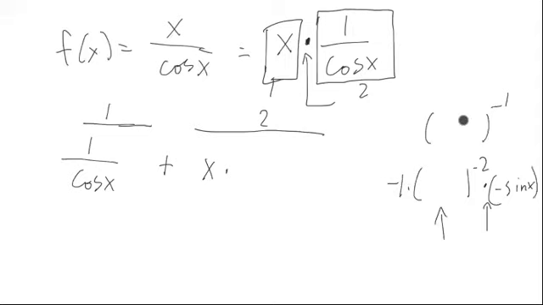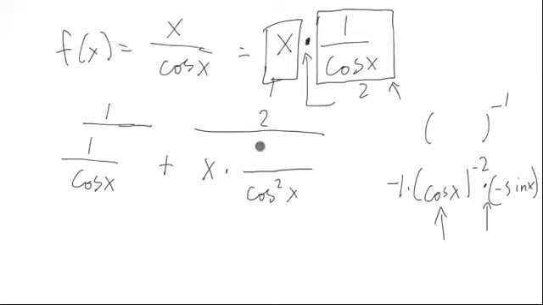Since we're plugging cosine x into here, we plug it into the derivative as well. Okay, so that's the derivative of this, but then we pretend x is a constant, so it stays right there. So we end up getting, and see this negative and that negative multiply together to cancel, so we end up just rewriting this negative 2 power in the denominator. We end up getting cosine squared x with sine x up top.